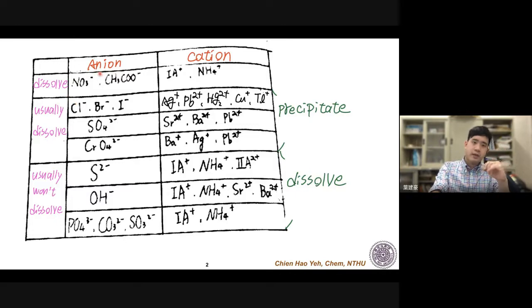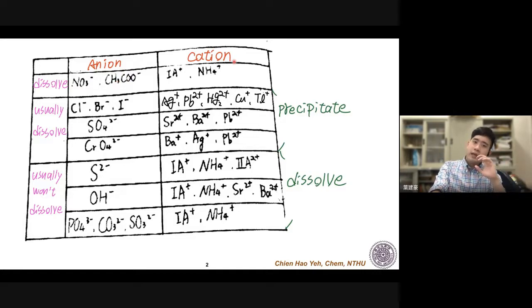Basically, if you see any cation meeting an anion like NO3 minus or acetate ion, which are nitrate ion and acetate ion, it will dissolve in water no matter what it is.